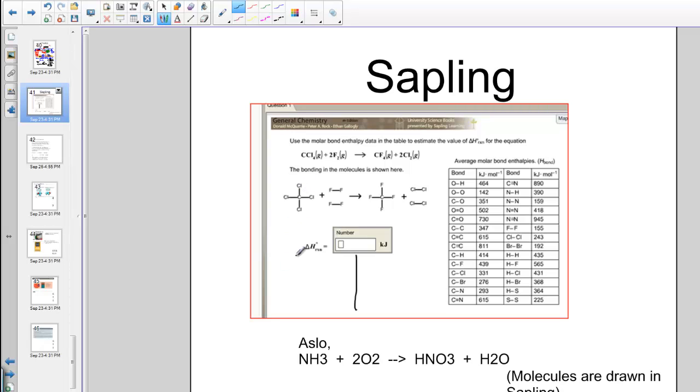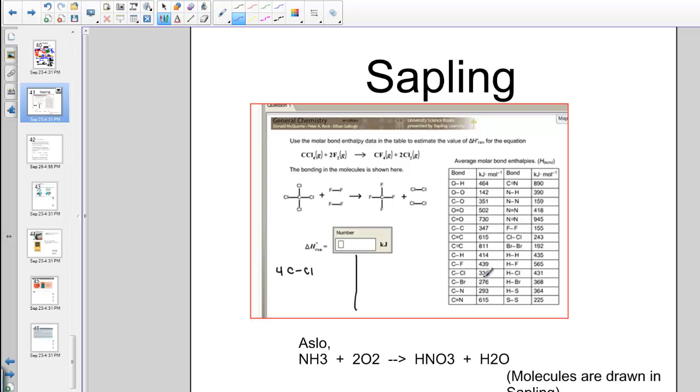On the reactant side, I have 4 C-Cl bonds. Do you see them? There's 1, 2, 3, and 4. Now it's a big mess, so let me just clear that up, but there's 4 units of that particular bond. So let's go to work and find a C-Cl.